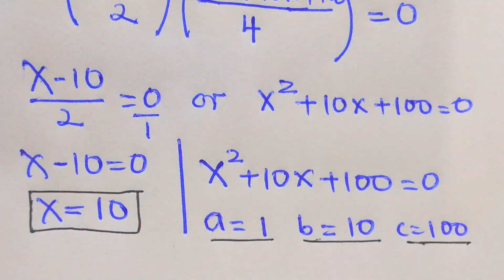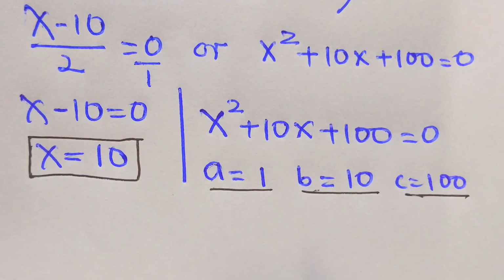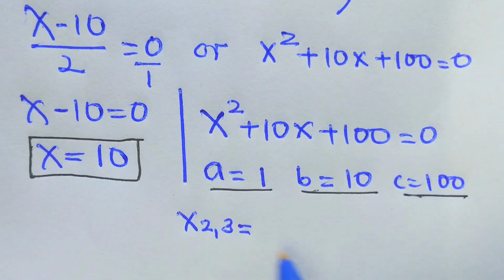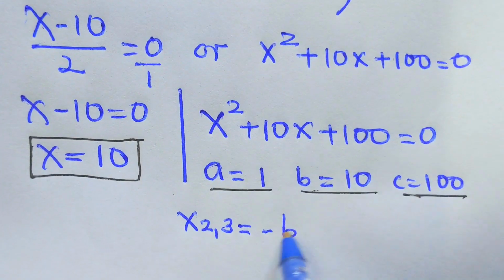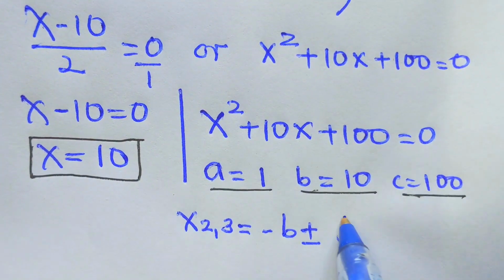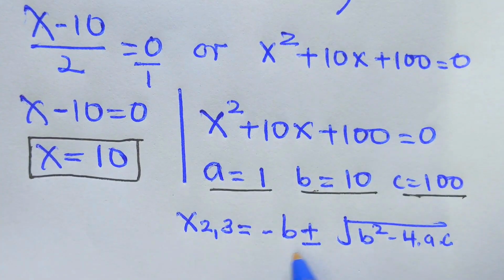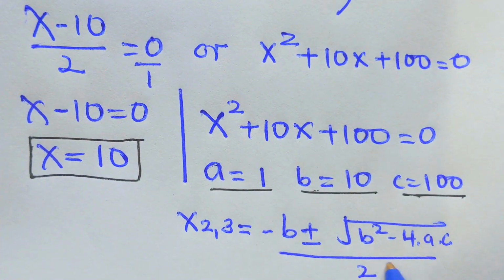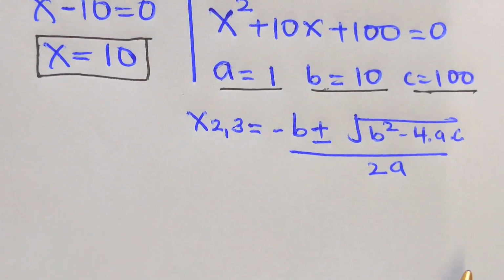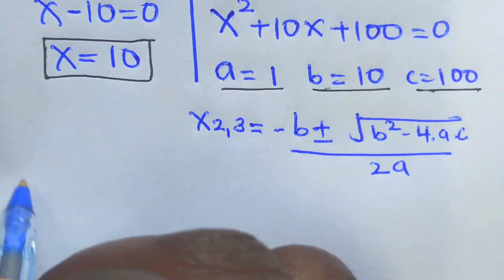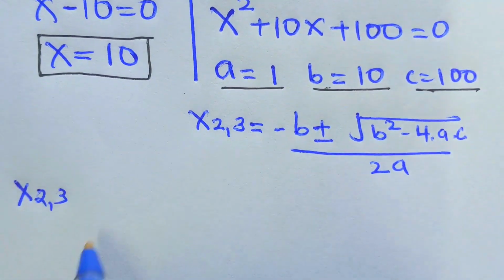And we know that x2 and x3 will be negative b plus or minus the square root of b squared minus 4ac, all over 2a.